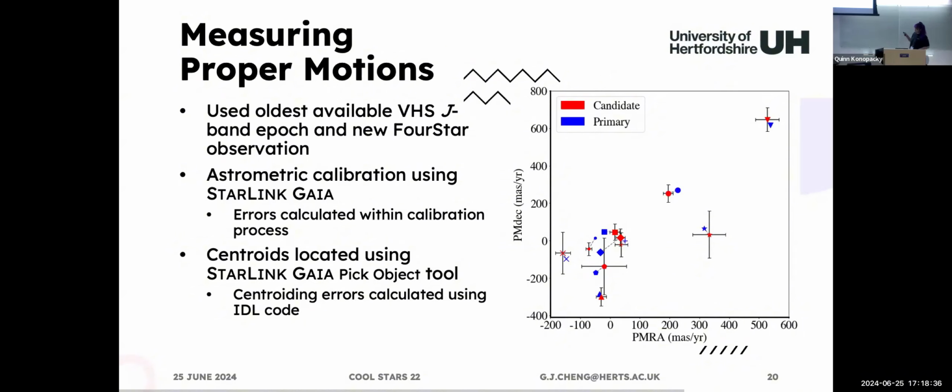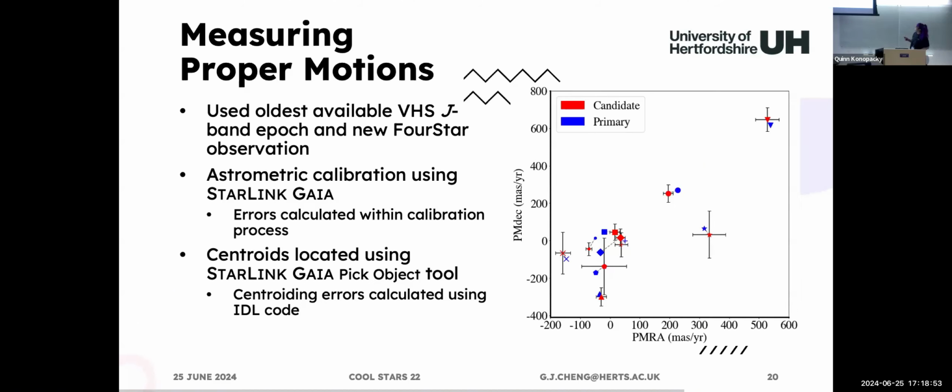This plot here shows our proper motions of our 10 good candidate pairs. The blue objects are the primaries, the red objects are the T-dwarf candidates. They have 1 sigma error bars.